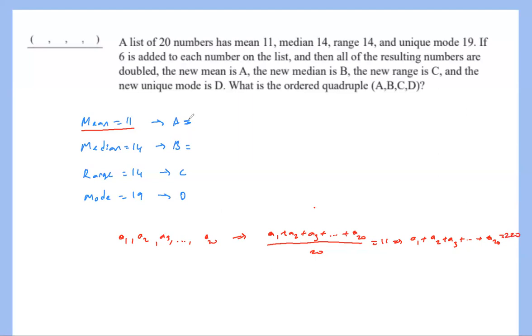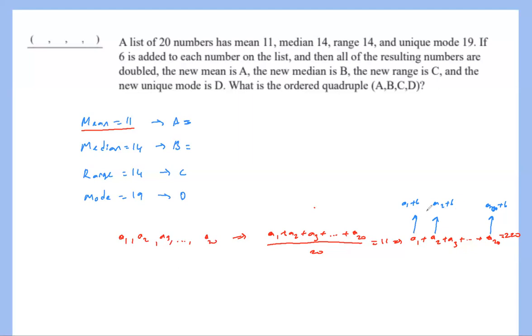That is something. But the question was asking now, add 6 to each individual number. Like if you increase each number by 6, this number will be now A1 plus 6, and then this number will be A2 plus 6, and the last number will be A20 plus 6, right? And the sum will increase by 6 times 20, because we have 20 numbers, each increased by 6.